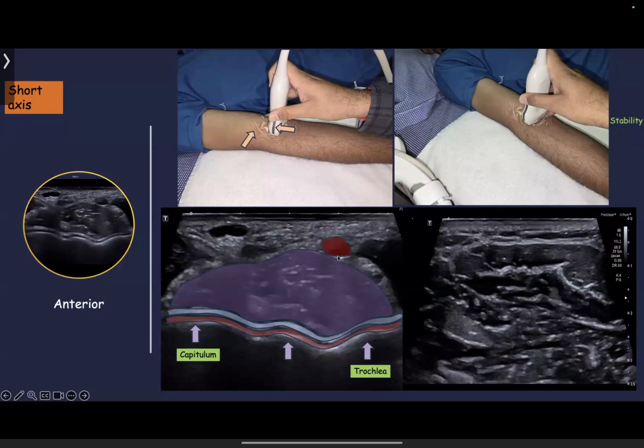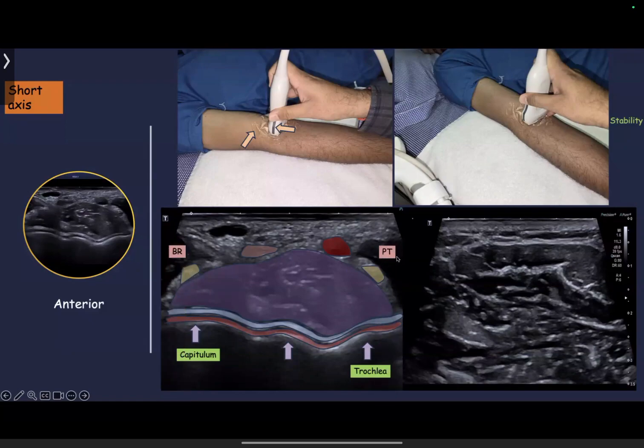Then one of the important landmarks is the brachial artery. Then this hypoechoic tendon, which is prone to anisotropy, is the biceps brachii tendon. Then just medial to the brachial artery, we have the median nerve, and on the lateral side, we have the radial nerve.